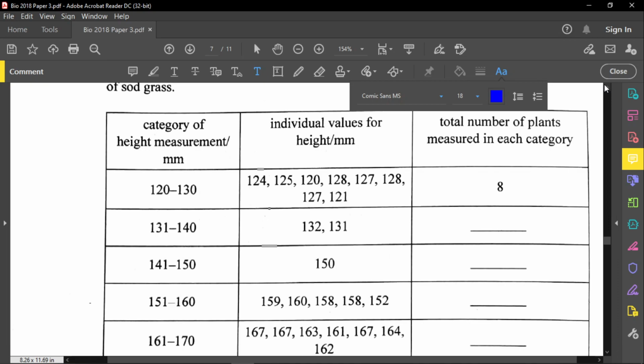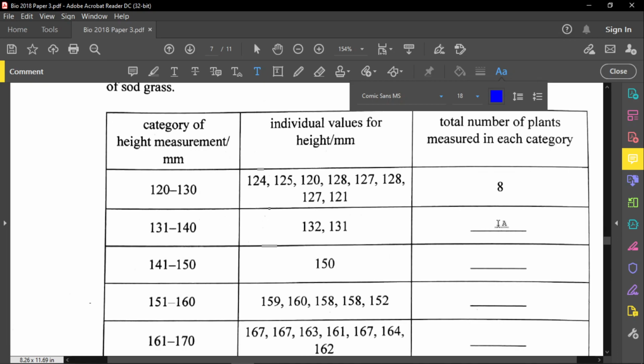So in terms of the amount we counted, here we have the number of plants that were counted, each with their specific height values. And then here we have the total number of plants measured in each category. So for this one is 8.